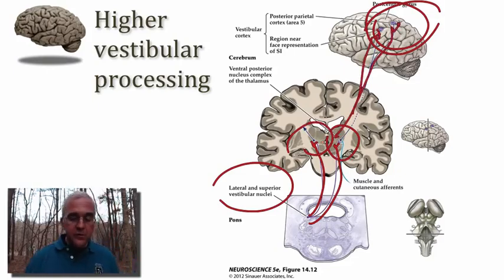There seem to be some projections that end near the face representation in the somatic sensory cortex, and these projections seem to be targeting Brodmann's area 3A, which is where we have representation of our proprioceptive signals.